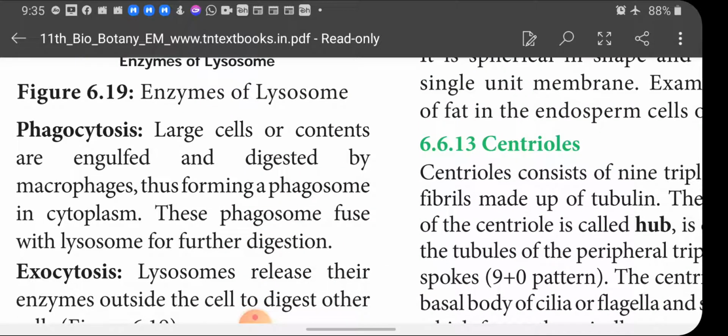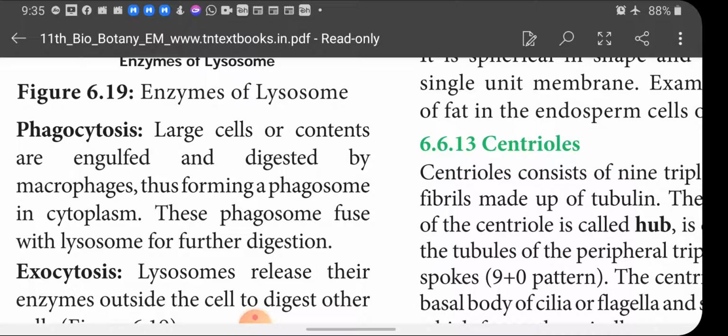Next, phagocytosis. Large cells or contents are enveloped and digested by macrophages, thus forming a phagosome in the cytoplasm. These phagosomes fuse with lysosomes for further digestion. What are macrophages?